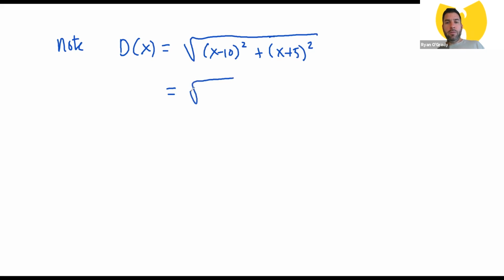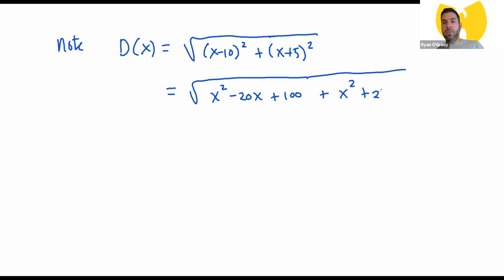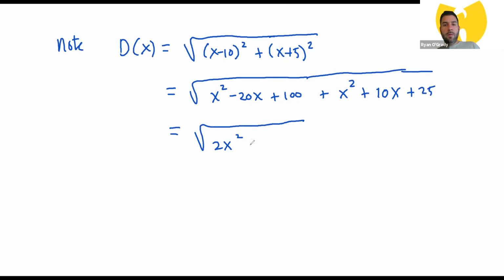If we do some algebra, this becomes x squared minus 20x plus 100, and over here you get plus x squared plus 10x plus 25. So I'm multiplying these squares out. If we combine our like terms, we get this atrocity: 2x squared minus 10x plus 125.